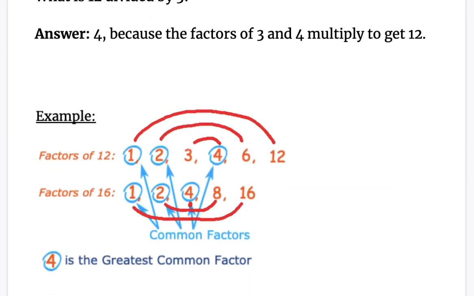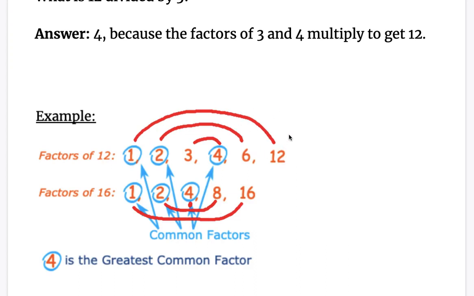In this problem, we're asked to find the greatest common factor between 12 and 16. So, like I said, the number of factors are limited. There's 1 on one end, and then there's the number itself on the other. So for the factors of 12, there's 1 as the smallest and 12 as the largest.